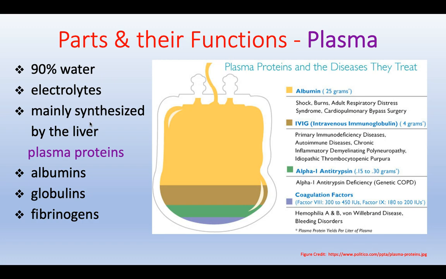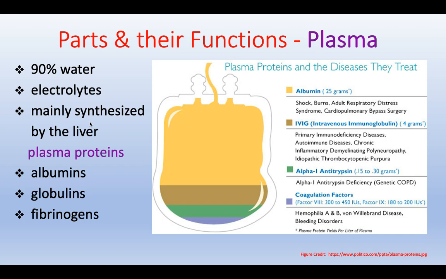These ions are really important in maintaining membrane excitability, and very importantly help in buffering the pH. There's a very narrow range of pH that our blood must be in all the time, or else death ensues.